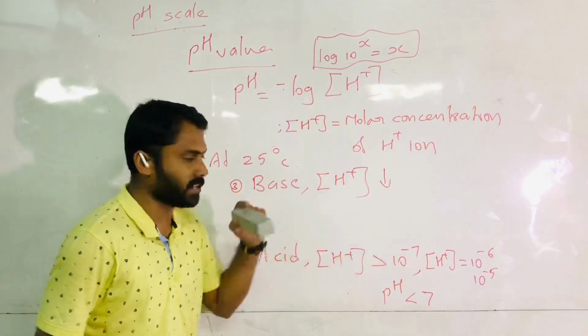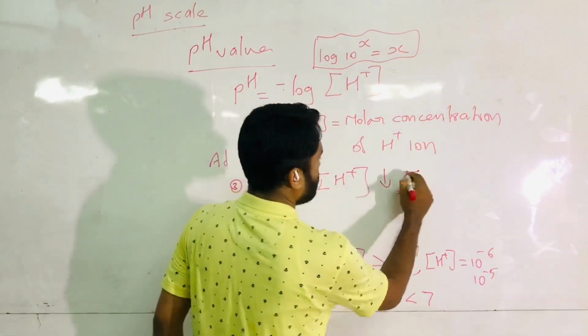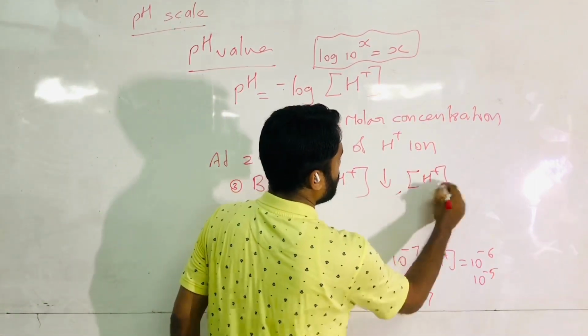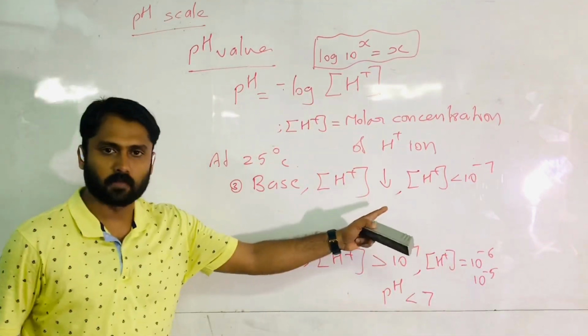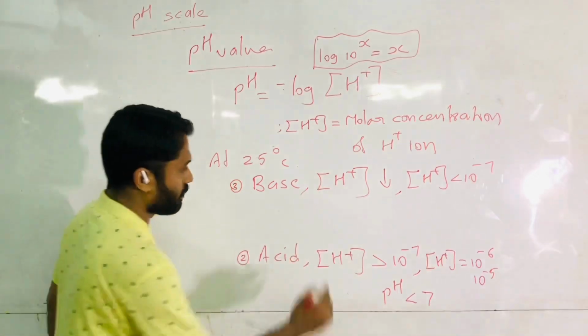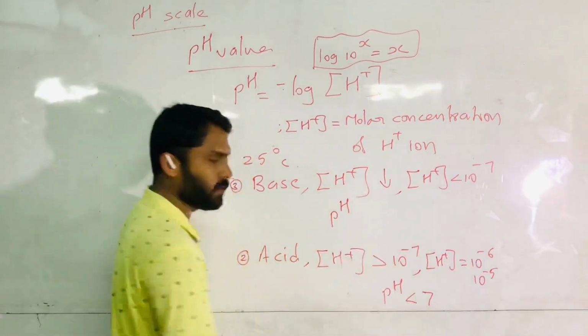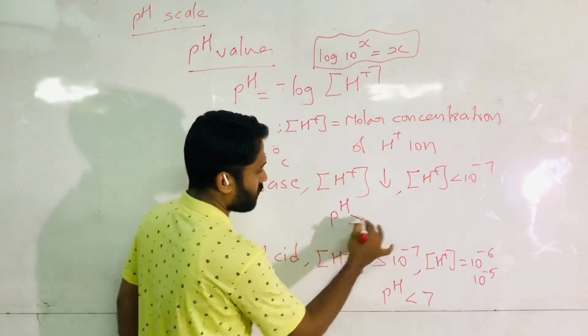Concentration of H plus decreasing means it becomes less than 10 raised to minus 7. So pH will be greater than 7.